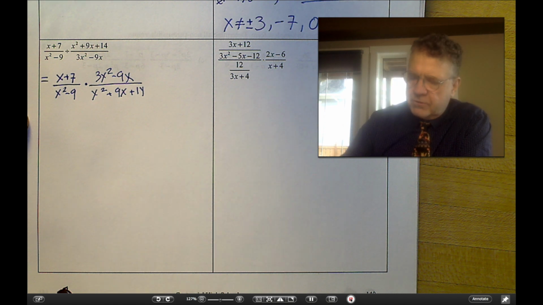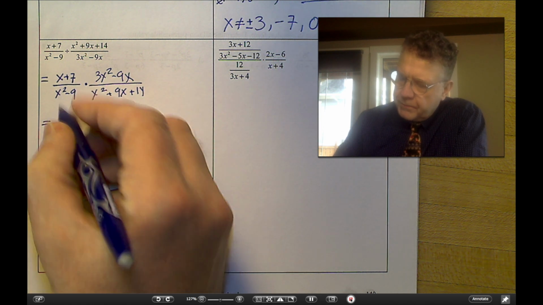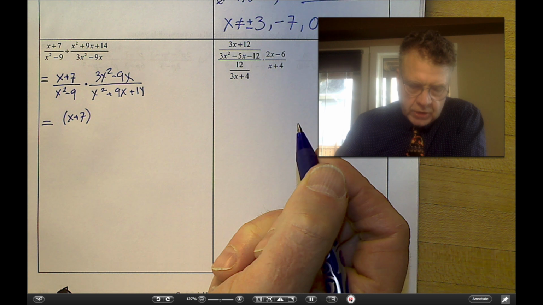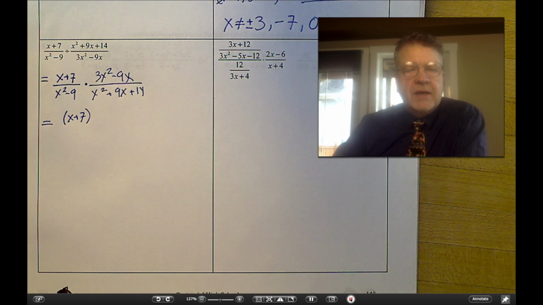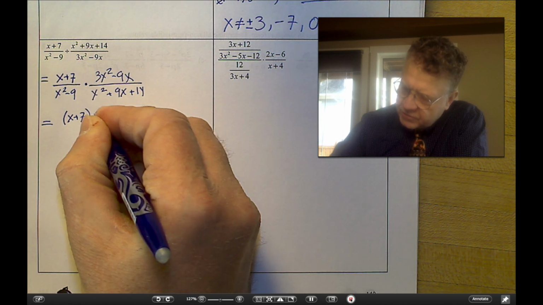Let's look at factoring first. Let's see if there's any factoring we can do. So on the top, I'm going to have x plus 7. Good. I can pull out a 3x out of 3x squared minus 9x. So there's my 3x term.